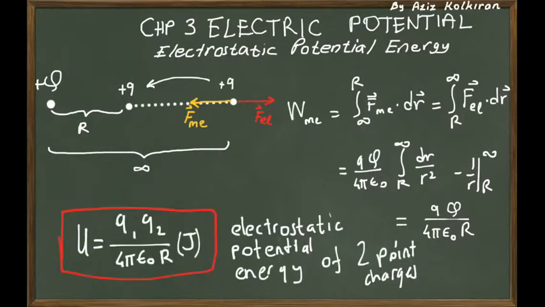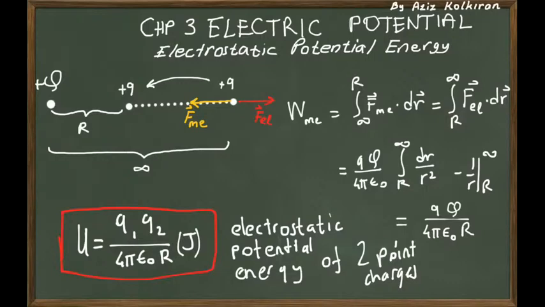And this expression, in general, if you bring two charges from infinity to a position where the distance between these two charges is equal to r, you have to consume an energy which is given by this expression: the multiplication of two charges, q1 and q2, times k, divided by the distance in the final configuration.